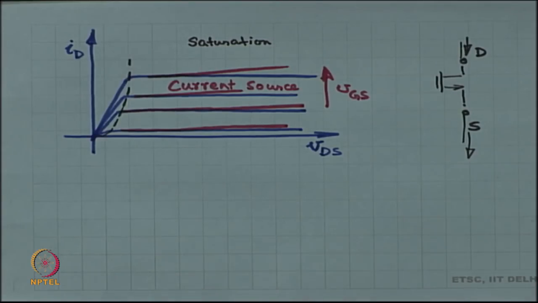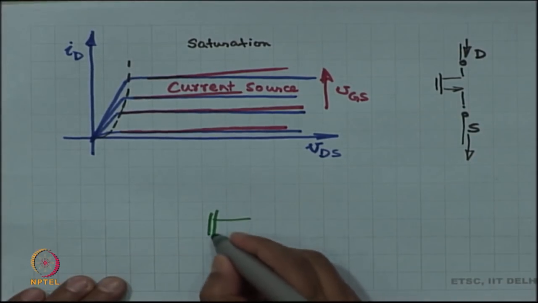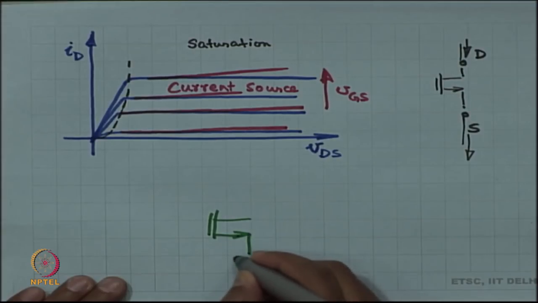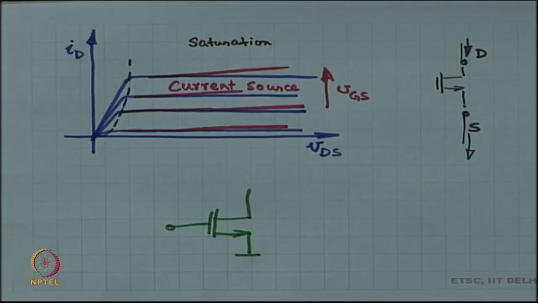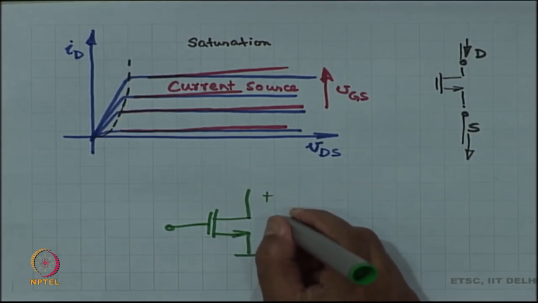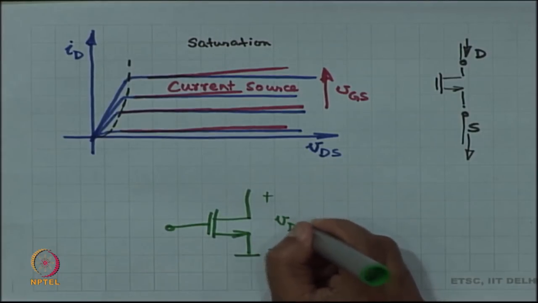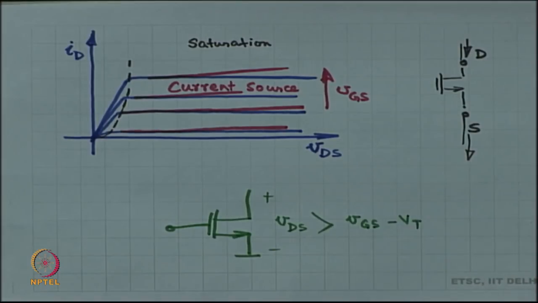So, generally speaking, if I just have a MOSFET, I have success. All I have to do is make sure that VDS is greater than VGS minus VT, and this MOSFET behaves like a current source.